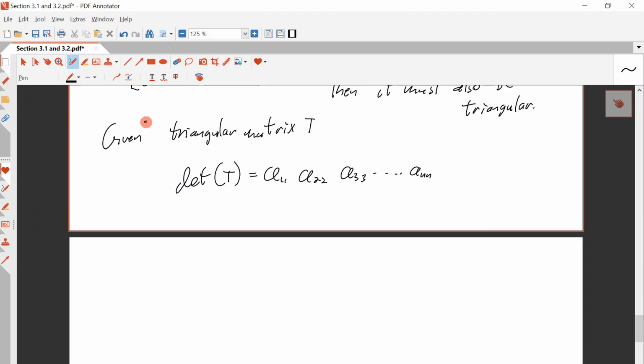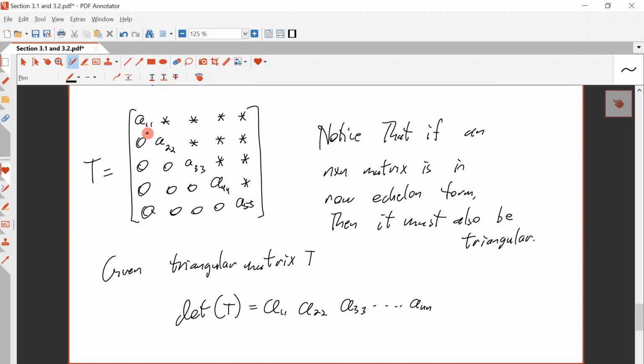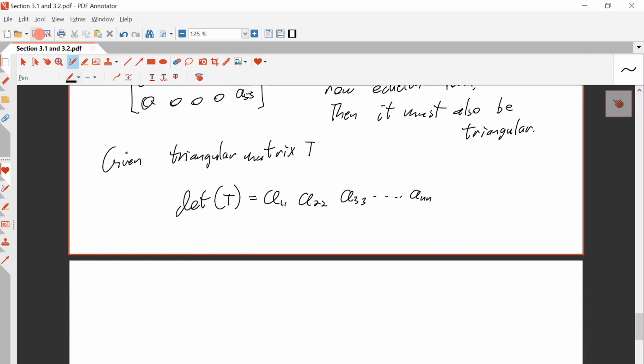Because the leading coefficients need to go strictly to the right in every row. So given that this one is non-zero, this has to be 0. And given that that's non-zero, or maybe further on in is non-zero, right? All the non-zero entries are forced to be in the upper triangular part of the matrix. All right.